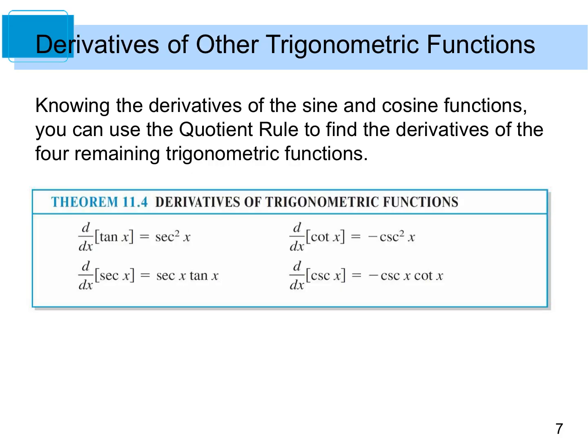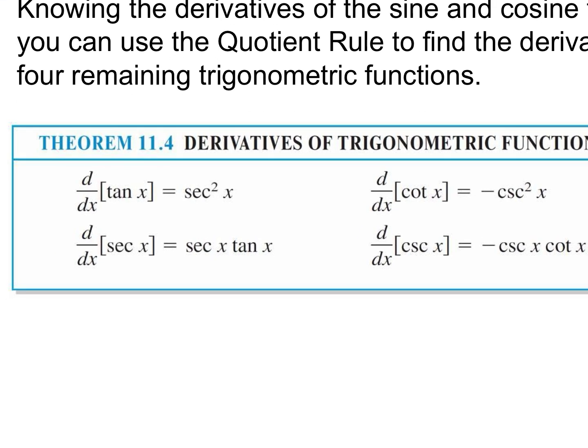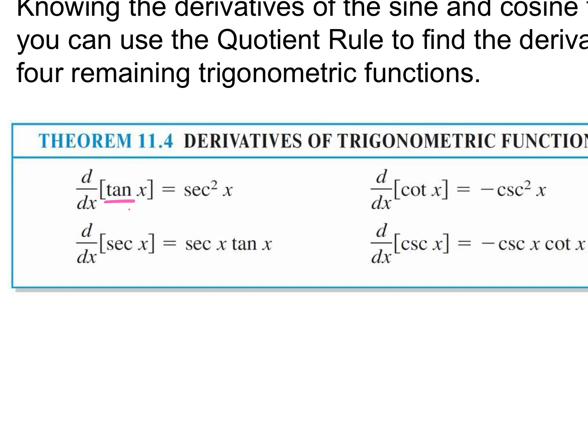So theorem 11.4 has our other 4 derivatives of trig functions. So these you have to have memorized too. So in addition to sine and cosine, we've got tangent, cotangent, secant, cosecant. So the derivative of tangent is secant squared. Cotangent is negative cosecant squared.